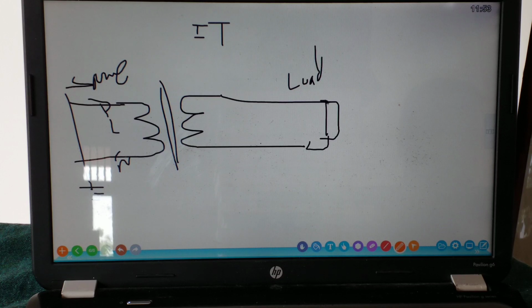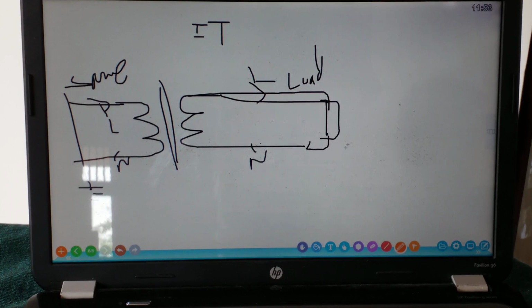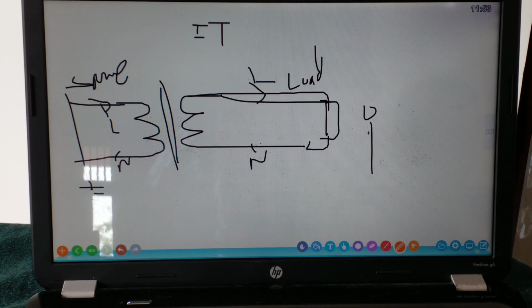Now, you know, an IT system is always dealing with a transformer. Here is my line and neutral. If I touch the system, what will happen?